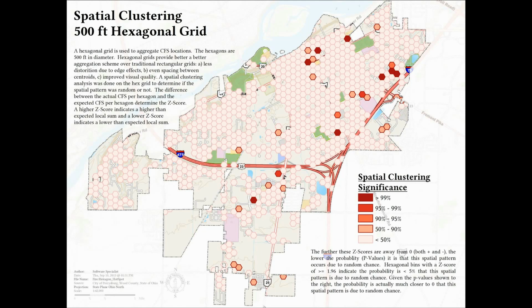And hexagons, once the data's aggregated up to the hexagonal grid, give you a better approximation of the underlying pattern of the points, right? It doesn't distort the actual pattern of the points as much as a square or triangular grid.